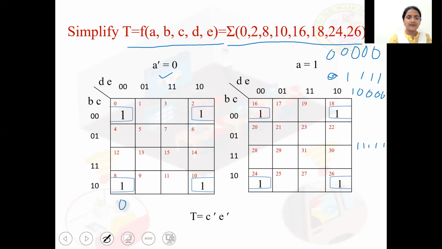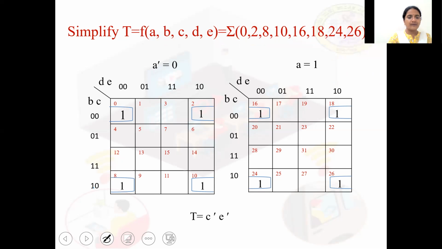First K-map is 0 to 15, the next K-map is 16 to 31, by considering the MSB A equal to 1. Now we consider the logical highs for the respective minterms, and after that we think about grouping.